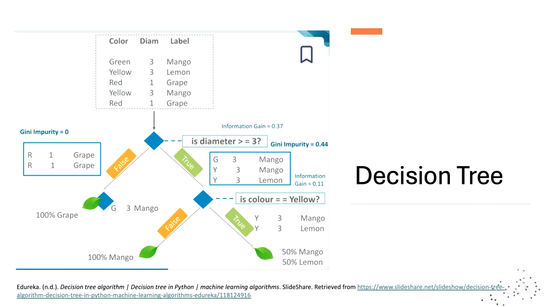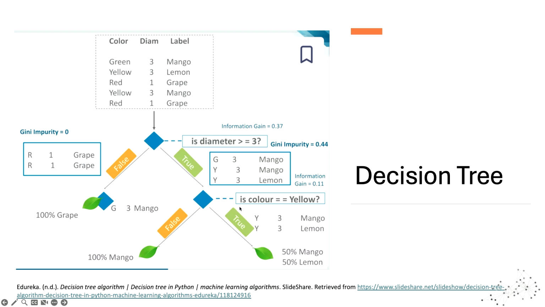If yes, then we go to another branch which satisfies the condition true, and then another question we might ask is, is the color yellow? If the color is yellow, maybe with 50% confidence it's a mango, or with 50% confidence it's a lemon.